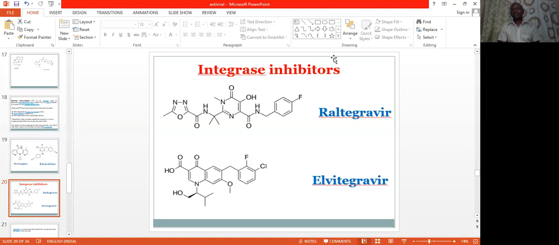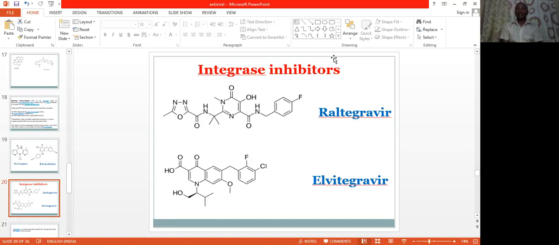Once it is integrated, listen here carefully. Once the viral DNA is integrated into the host DNA, what happens? Now the viral DNA is present in the host DNA, so the host considers the viral DNA as its own DNA, and then transcription, translation, all the things will happen.